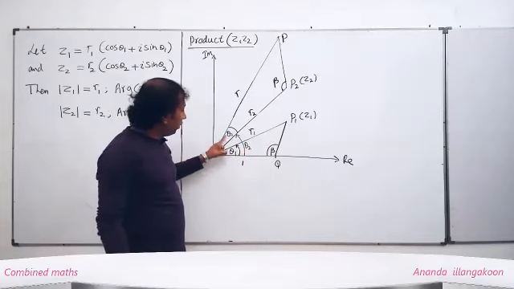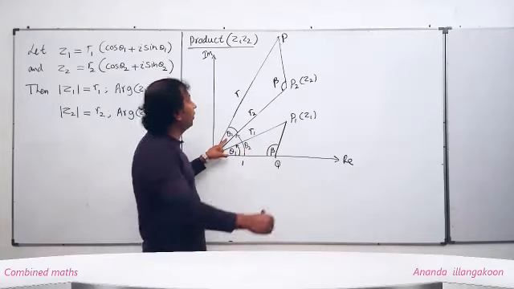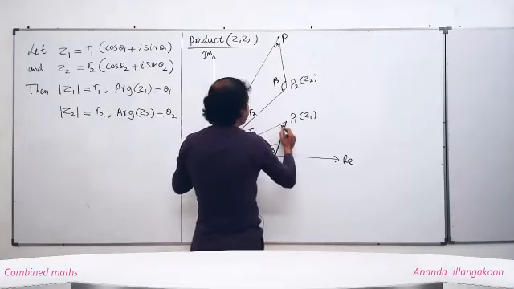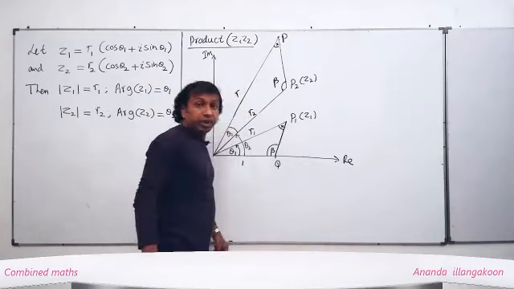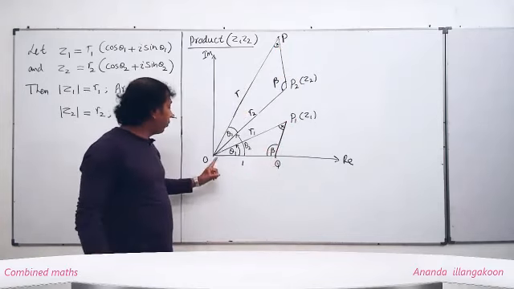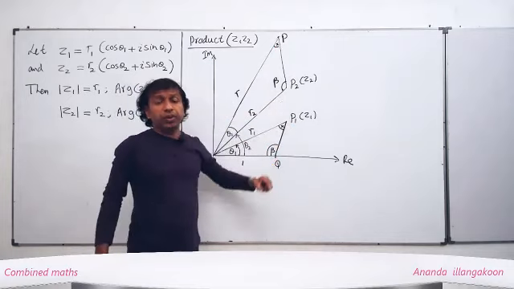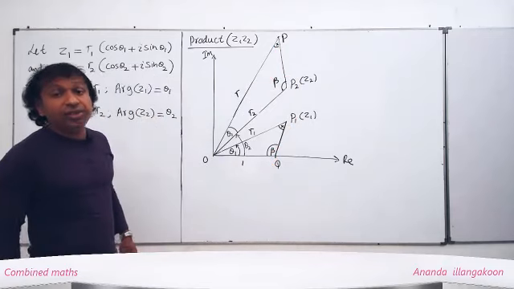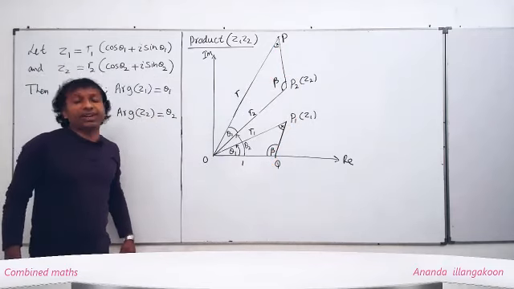This is θ1, equal to this θ1. Then obviously this angle and this angle must be equal. Therefore, these triangles OP1Q and OP2P are similar triangles, or equiangular triangles.